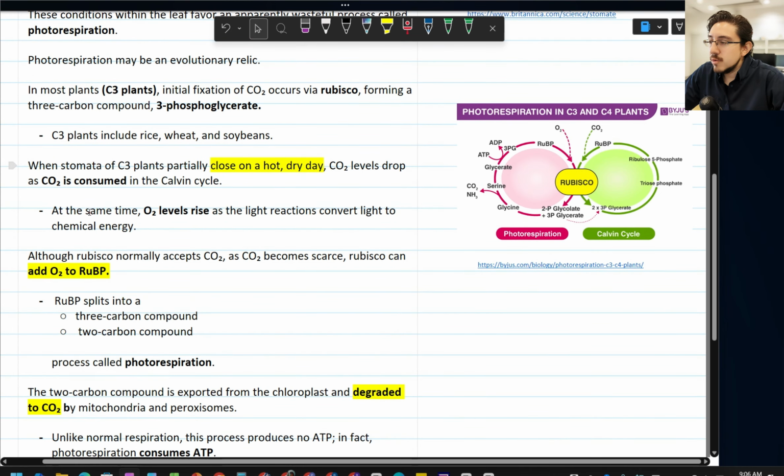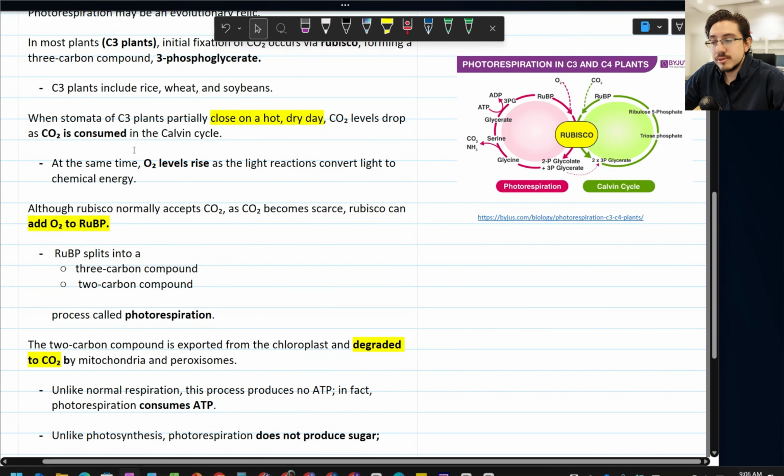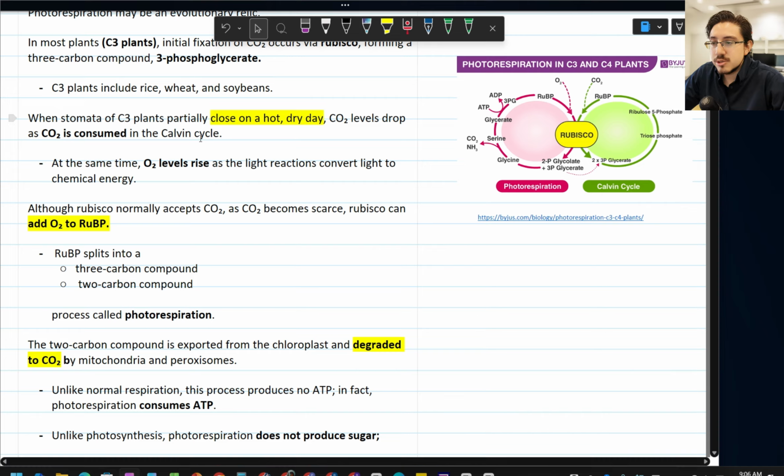Now, when stomata in C3 plants partially close on hot, dry days, as I mentioned before, carbon dioxide levels drop. This is the main thing you need to understand: carbon dioxide is being consumed in the Calvin cycle.